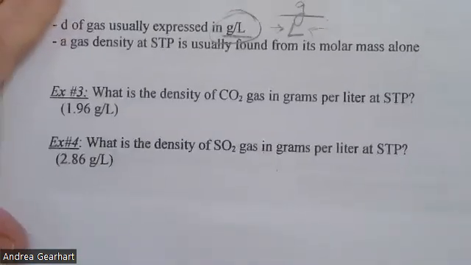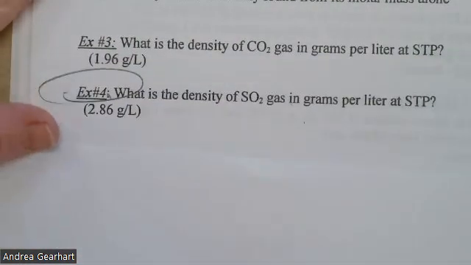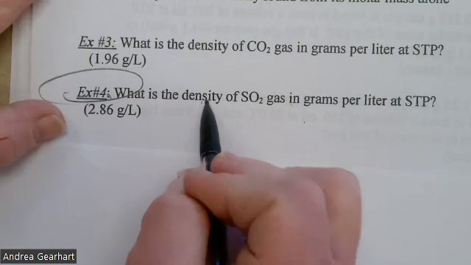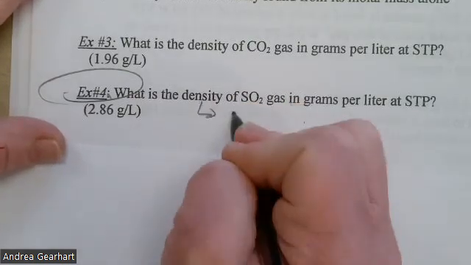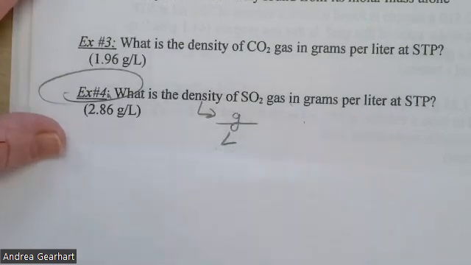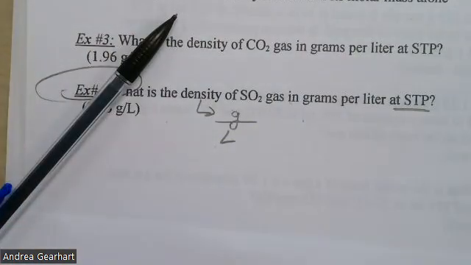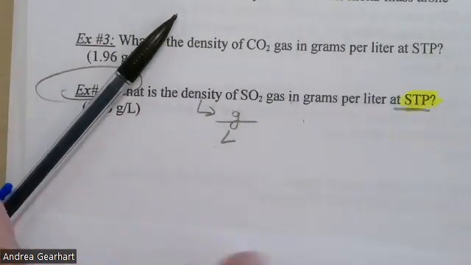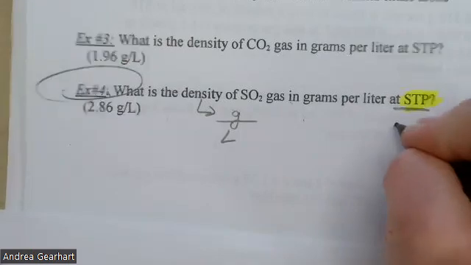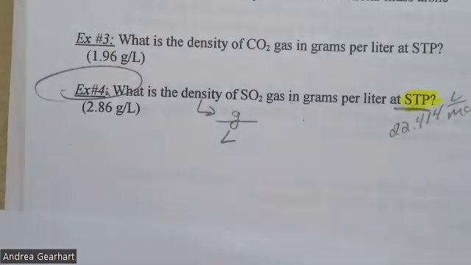Okay, so let's just say we want to do example 4. We're asked to find density. We know density is mass per unit volume, which is going to be, with gases, usually gram per liter. At STP, yay. So we can utilize 22.414 liter per mole for any gas whenever we need it.